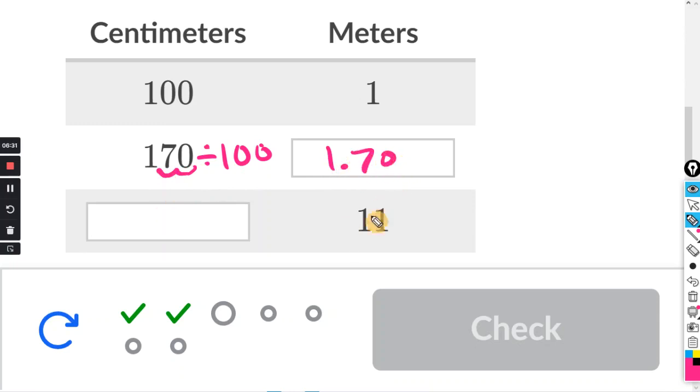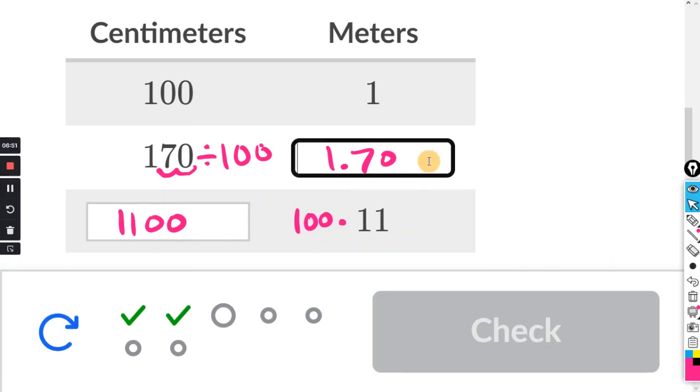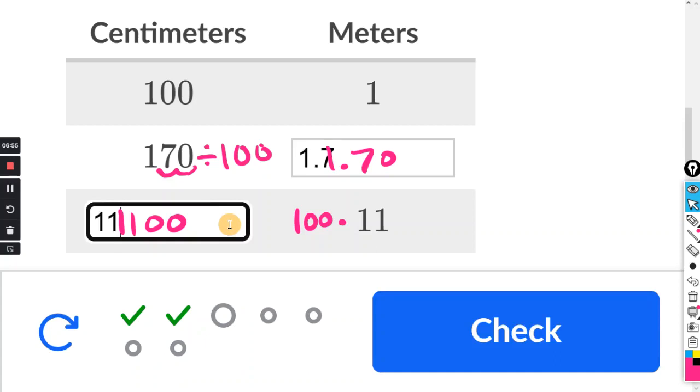You could say 1.70 if you like, but it's unnecessary. And to go from meters to centimeters, we're going to multiply by 100. So 11 times 100, you just add 2 zeros, and that's going to be 1100. So this box is 1.7, and this box is 1100.